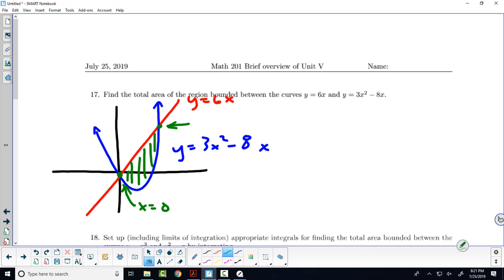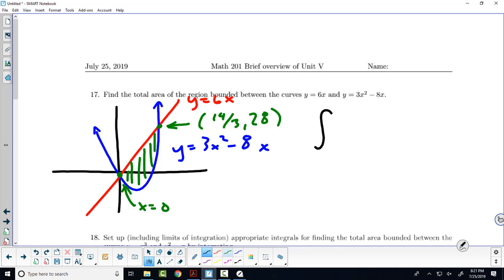Maybe a system, or at least substitution, to figure out where these two equations intersect. That would simply happen when 6x equals 3x squared minus 8x. I computed that before class, and I got 14 thirds, comma, 28. So we're going to set up but not solve this problem.